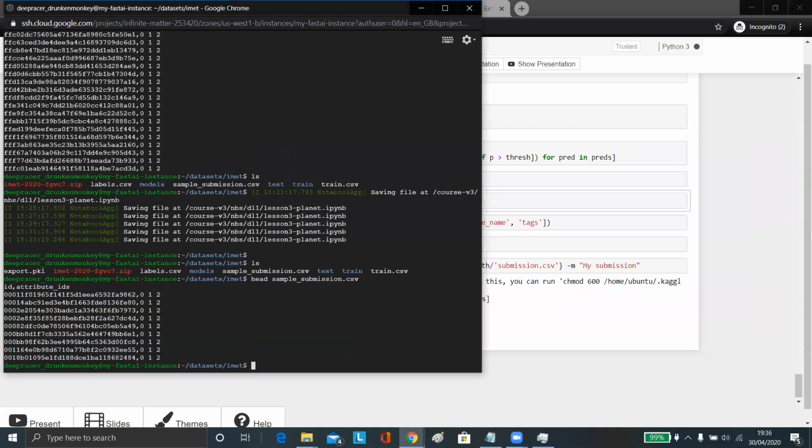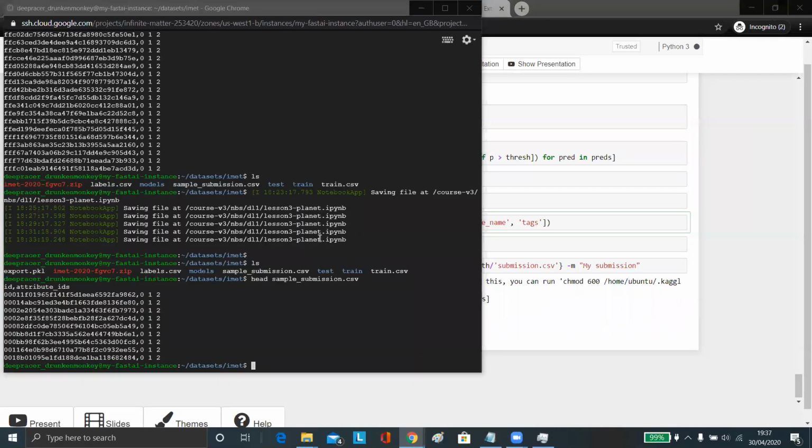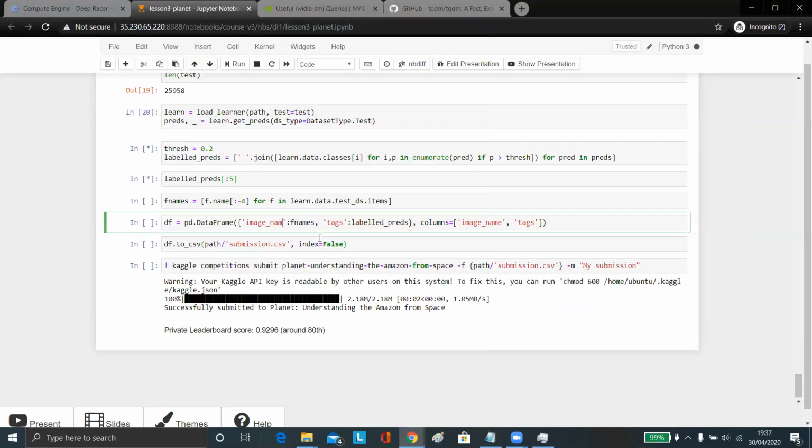Just gonna see what the... So it's ID and attribute IDs. So I think what we do is we change that to ID. And then, oh, hold on a second. Am I making a mistake there?